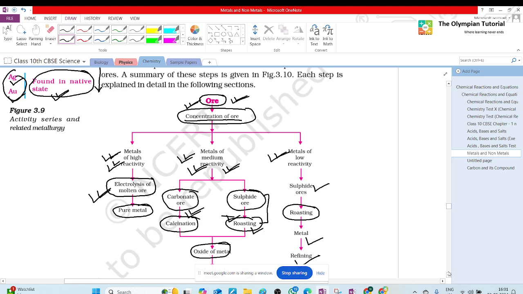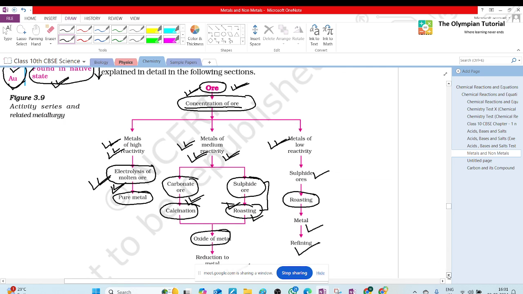Electrolysis is done when we need a substance to decompose to get pure metal. It goes through a decomposition reaction. Electrolysis means ionization takes place. It is breaking down, decomposition, you can see.